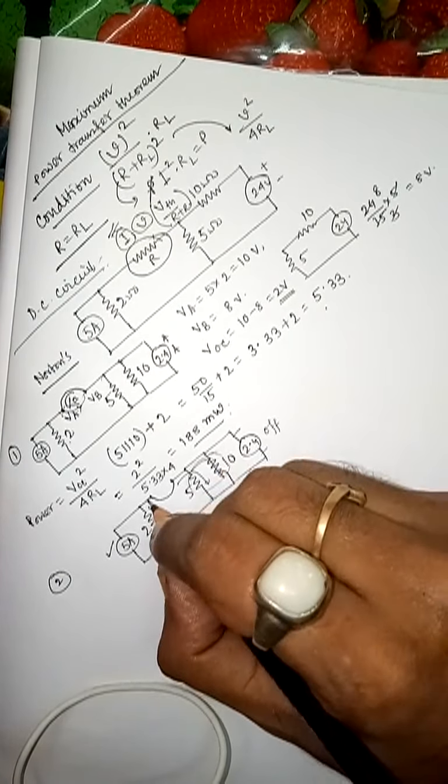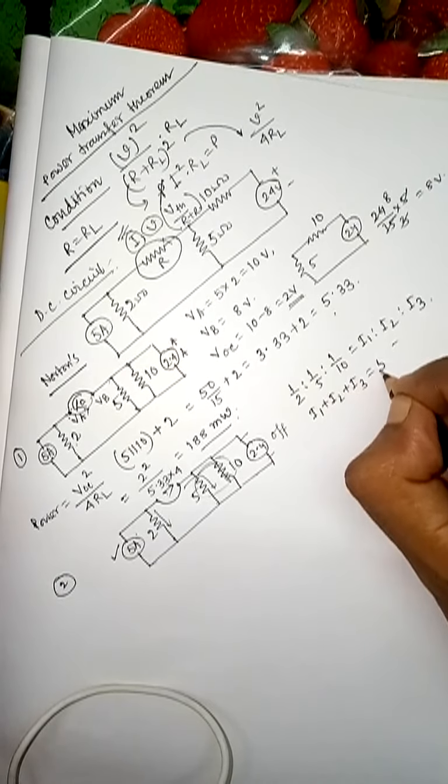So how to find out? Here the total current is taking the division, half is to 1 by 5 is to 1 by 10. There is a resistance ratio 2, 5, 10. So current is taking the reverse ratio, that is I1 is to I2 is to I3. So if you are finding out the total here, I1 plus I2 plus I3 equals 5.